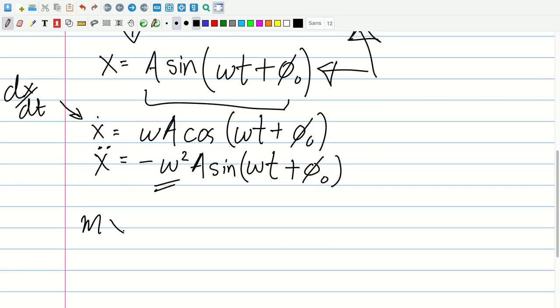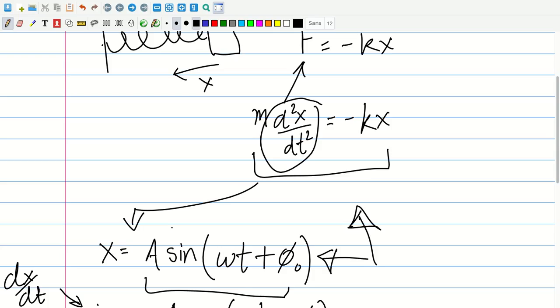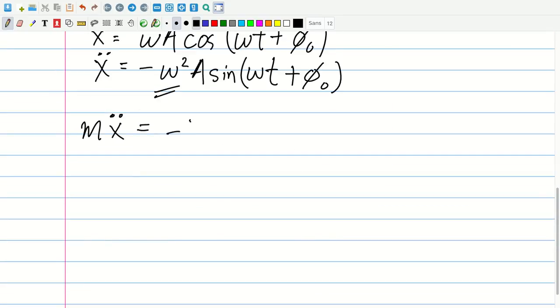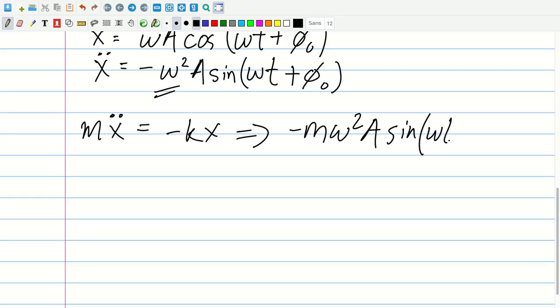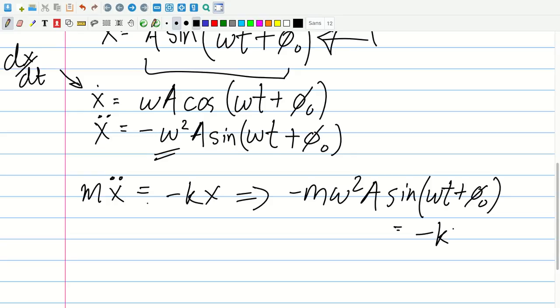So m x double dot has to equal negative kx, right? That's my equation. That means that negative m omega squared A times the sine of omega t plus phi 0 has to equal negative k A sine of omega t plus phi 0.